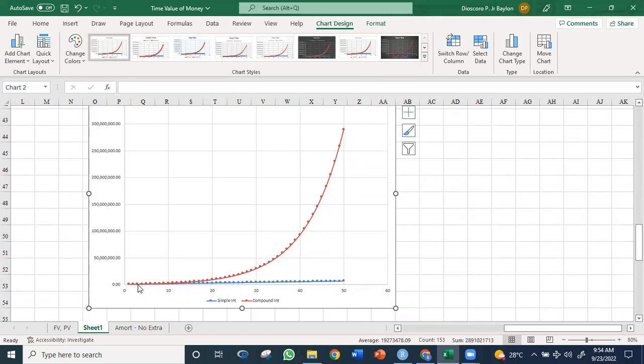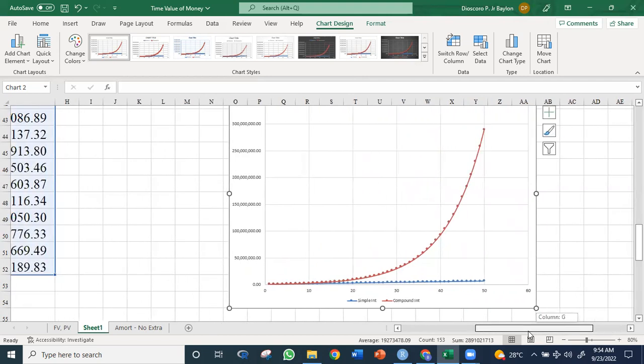It's just a linear curve, while this one is what we call an exponential curve. So the longer the number of years, you can see here the greater is the difference between a compounding interest and a simple interest. Okay, so let me delete this.